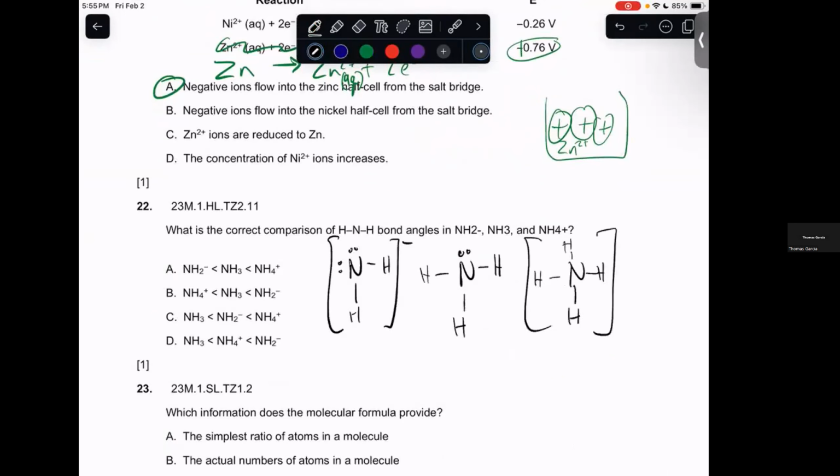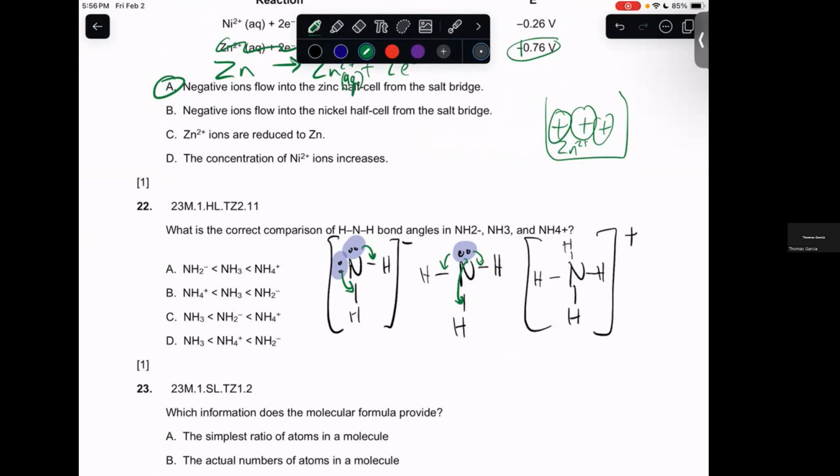As we look at these shapes, what we notice is that the most repellent parts to each other are going to be these pairs of electrons, because they're just pairs of electrons close to the element. And they're going to start pushing on these bonds. Now on NH2 minus, they're pushing really strongly. It's 2 pairs pushing on 2 bonds. NH3 has 1 pair pushing on 3 bonds. And NH4 doesn't have any pairs pushing on any bonds.